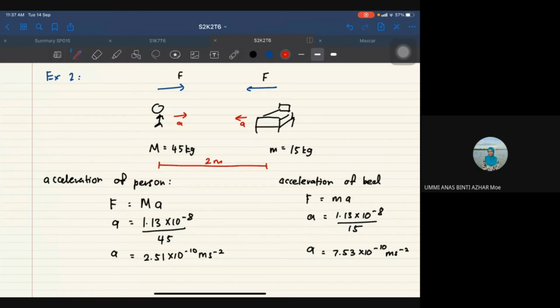Cuba fikir balik chapter 4. Ada satu benda. Sebab kita ada force lain that acts upon us. Contoh? Normal force. Lagi? Weight.